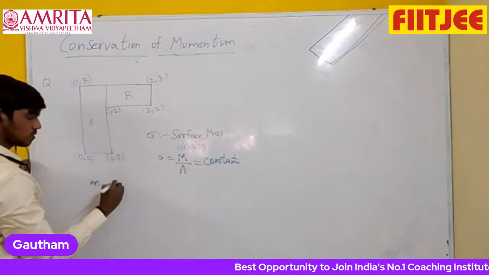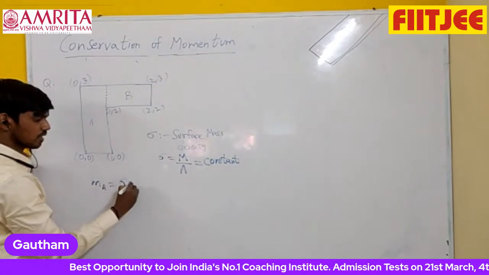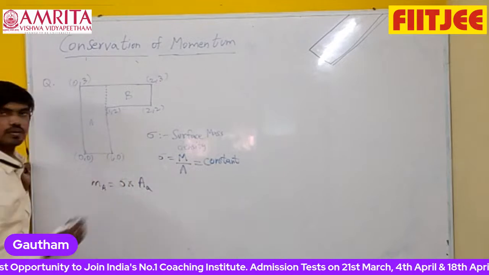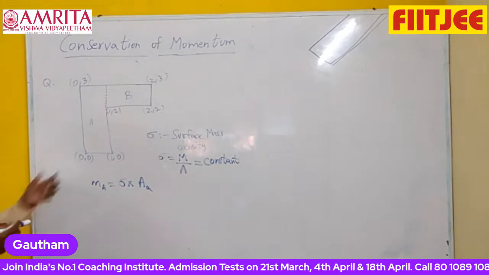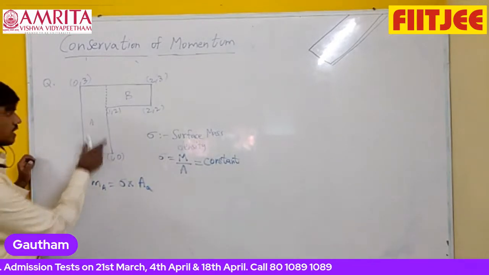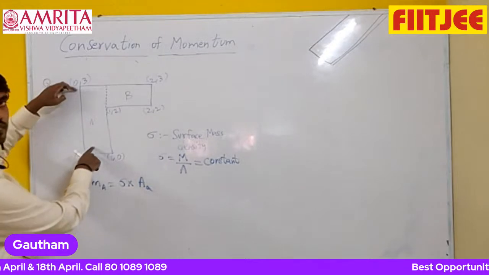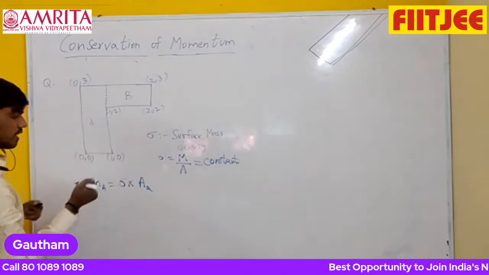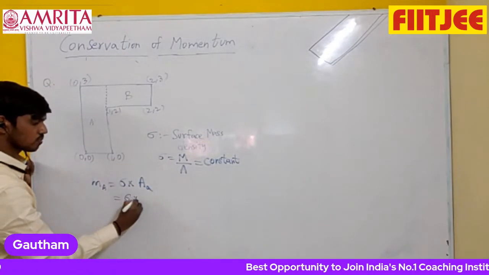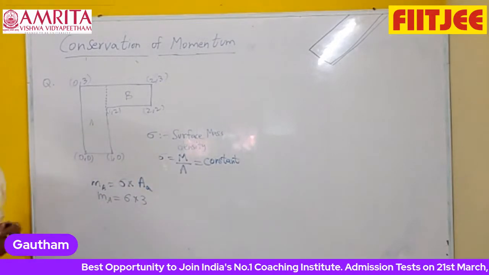So mass of A is equal to this sigma, which is a constant, into area of the body A. So what will be the area of this body? Area is, this side is 1 centimeter, 1 unit. This side is 3 unit. So 1 into 3 will be the area of this body. So sigma into 3 is mass of this body A.